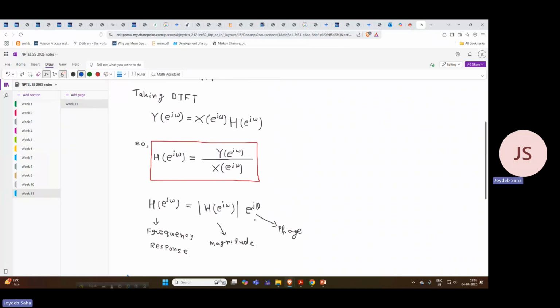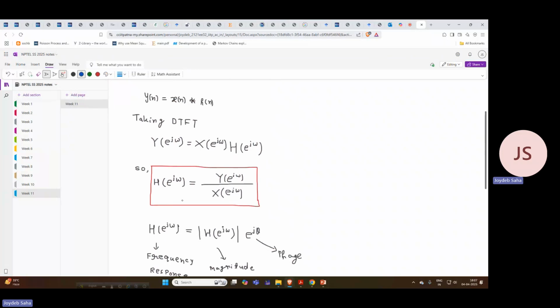You take one more minute and look what we have done till now. If there is any doubt you may ask. Basically, we are getting H of e to the power j omega, right? Which is the frequency response of the system.